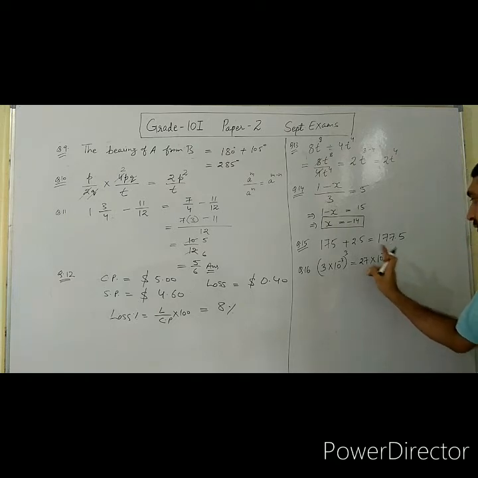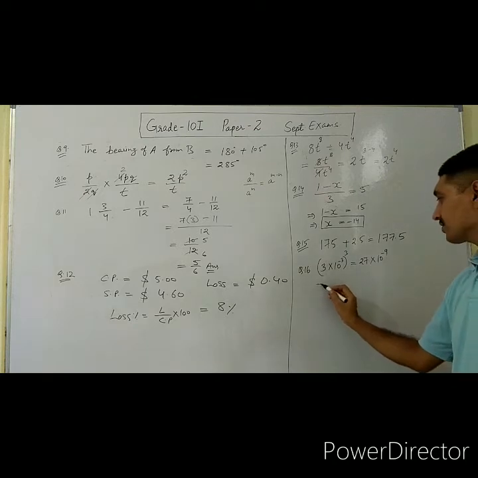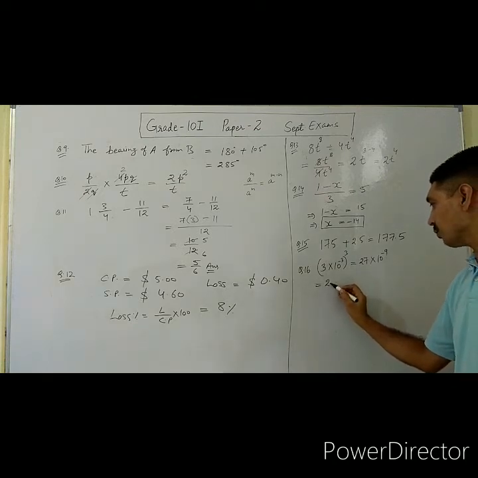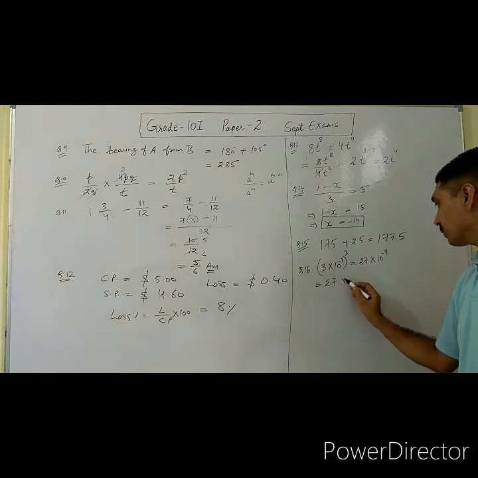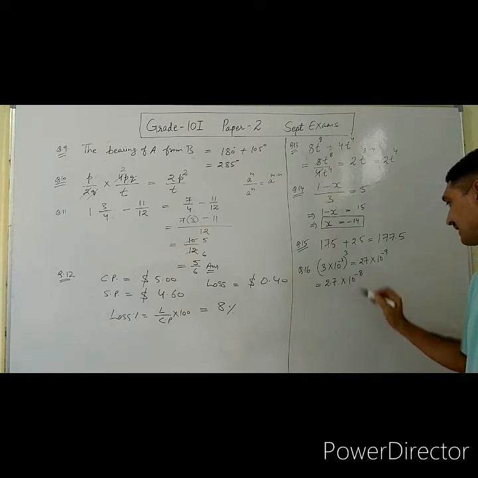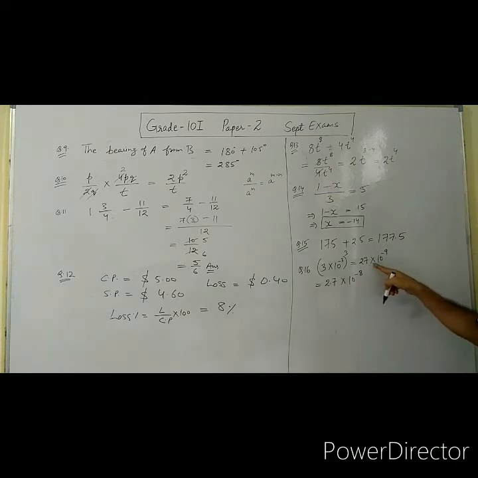But when we write in the standard form, that is 2.7 into 10 raised to power minus 8. So here when we move one decimal place, both numbers are the same, but this is the standard form.